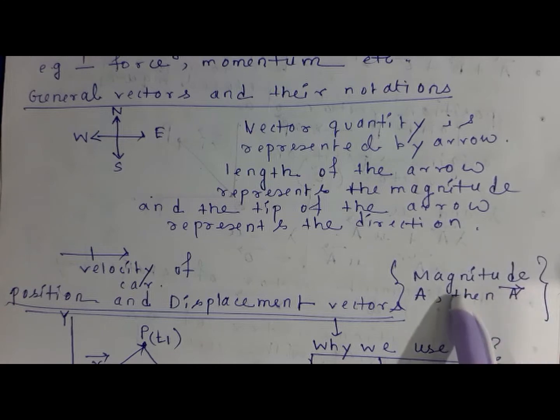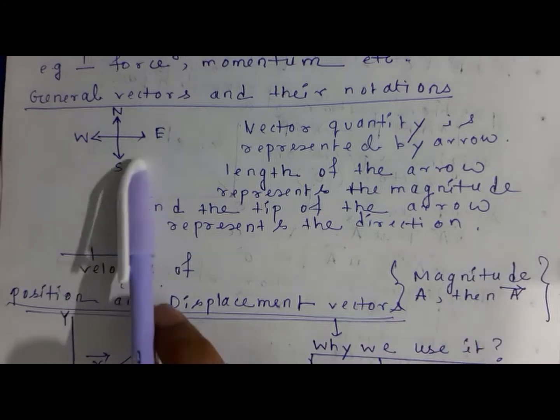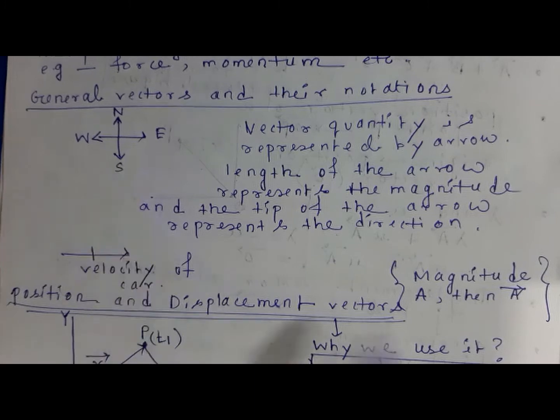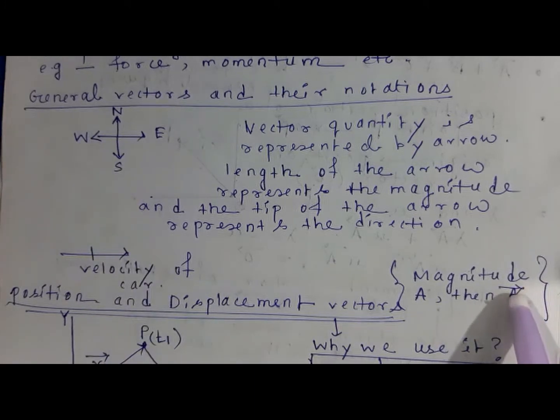So if it has the magnitude of b, c, whatever you take, then correspondingly you give the vectors like this. Basically, vector quantities are represented like arrows.